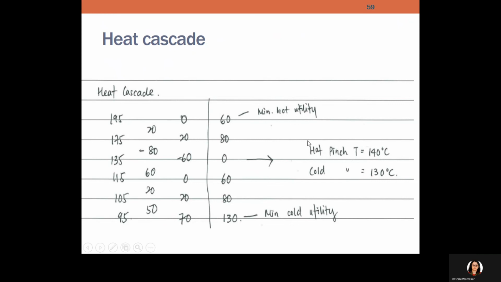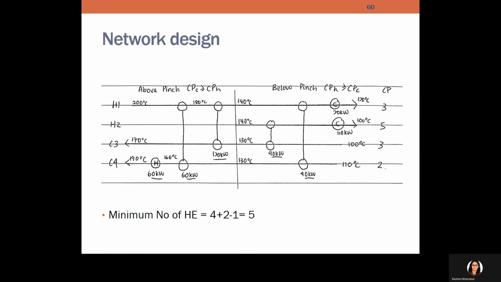This is also another way you can verify. It should match with your heat exchanger network. Then we will do the network design, above the pinch and below the pinch, following the rules. So that is all for our heat exchanger network design.